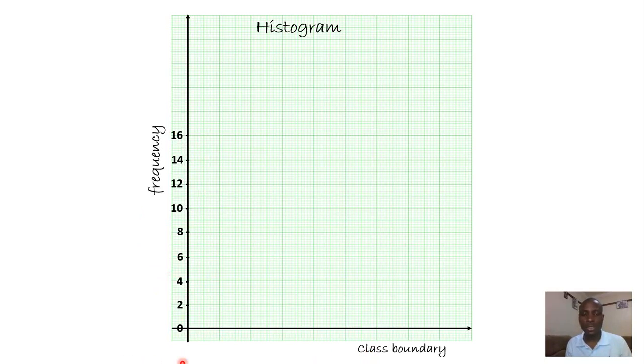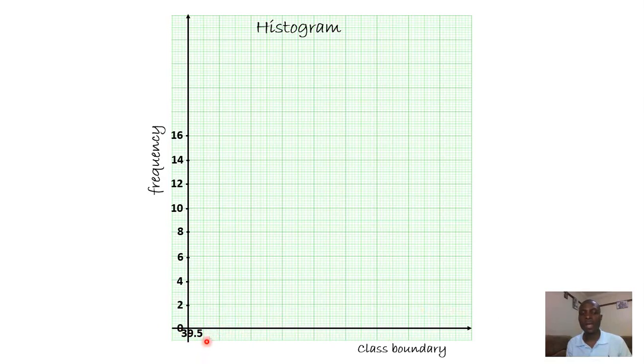Then for the class boundary, we shall have the lowest class boundary at this point. Since the class intervals are the same, they all have class intervals of 5, so you can take 2 centimeters to represent that class interval of 5.